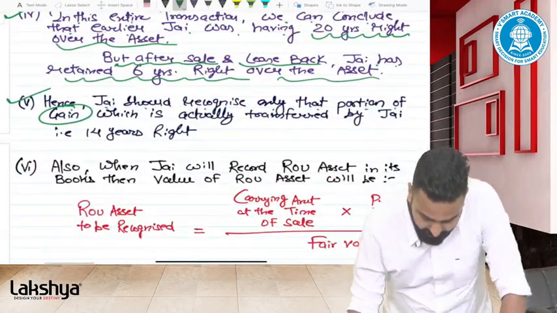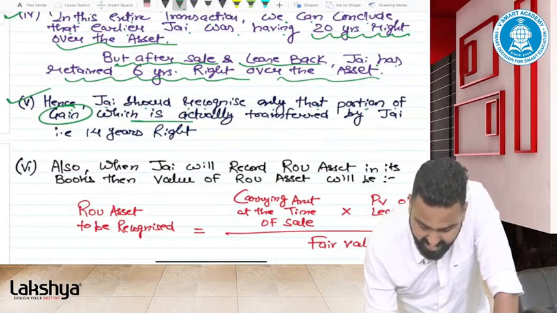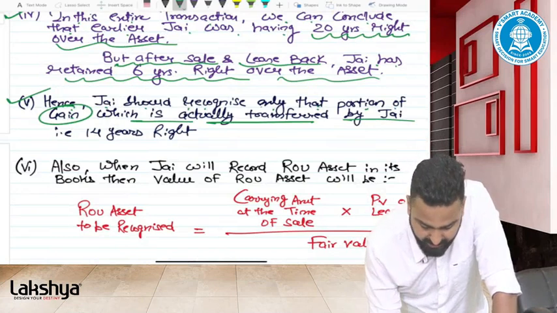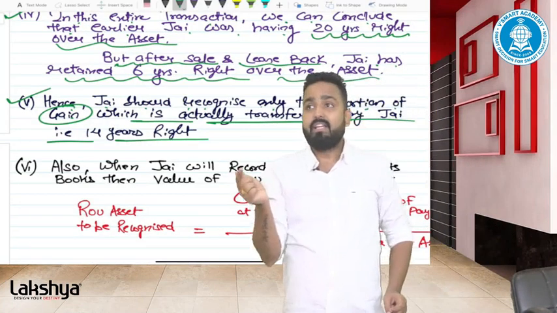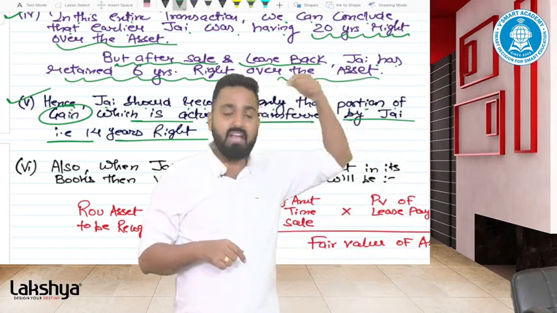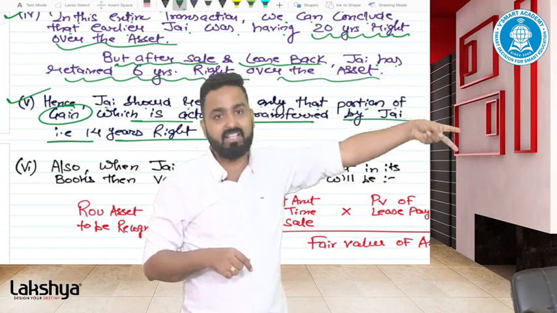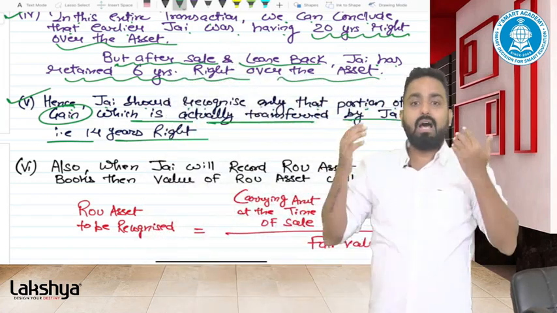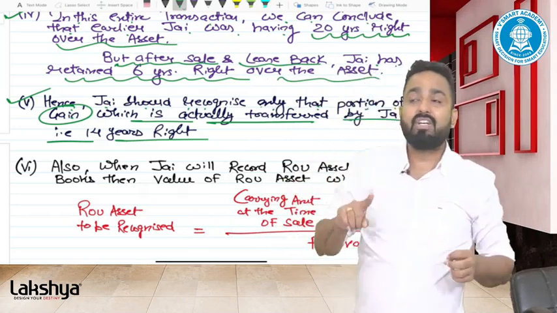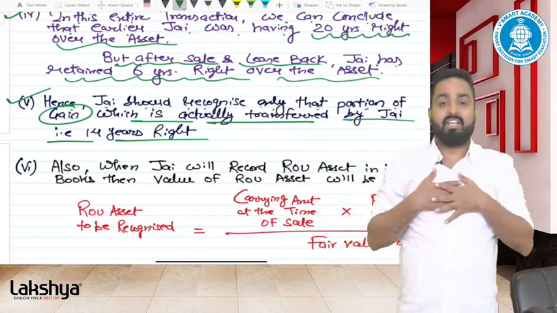What is written? Jay should recognize only that portion of gain which is actually transferred by Jay, that is 14 years right. See, if you ask me, is this a sale? I will tell you, yes, it is a sale. If you ask me, is there any gain? Yes, there is a gain. But the total gain belongs to the total sale. But out of which, how many rights have been retained by Jay? 6 years.